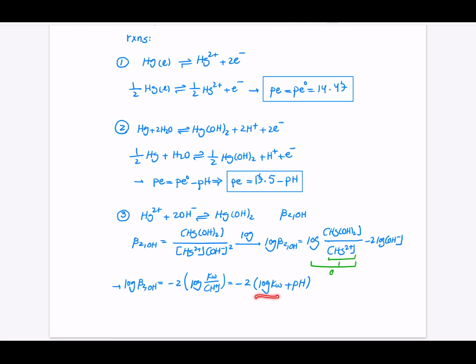So this would be minus 14, was 3.1, okay. So then this would be basically pH equal to 3.1.